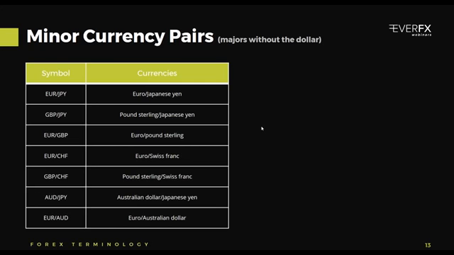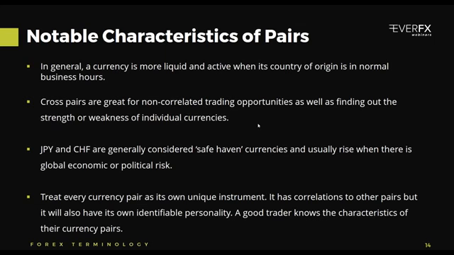Now, let's look at a couple of characteristics in regards to pairs, a very notable one. In general, a currency is more liquid and active when its country of origin is in normal business hours. What are we saying in essence? Every region has working hours. Say, for example, 8 a.m. in London might be a different time to where you are, but that's when the pound is most active because the market is open in London, and until it closes, you've got a very active market with lots of liquidity.